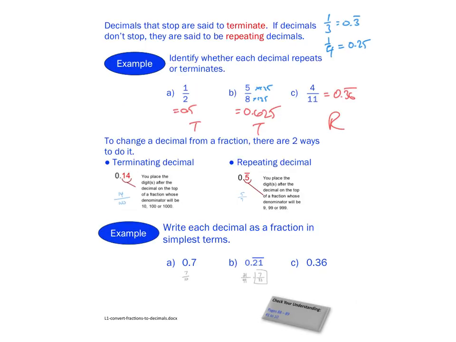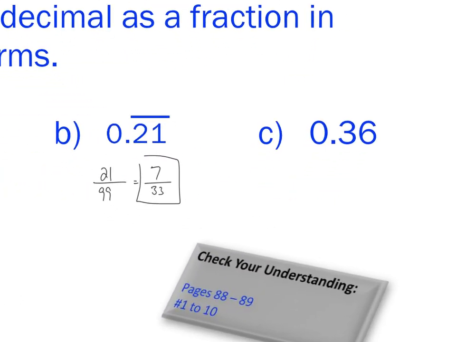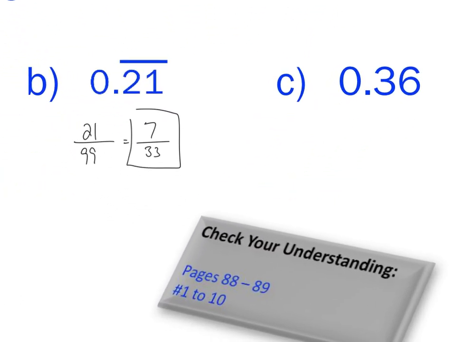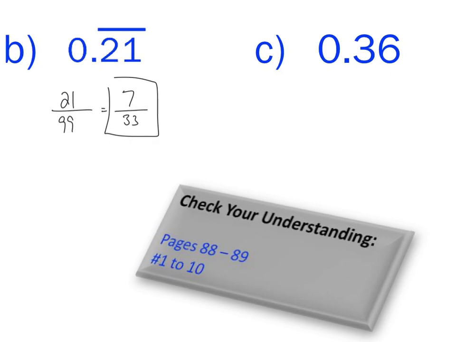Okay? And I have just one last one for us to do, and then it's practice time. 0.36. 36 out of 100. And we can simplify that. What does it simplify to? What divides into 36 and 100?